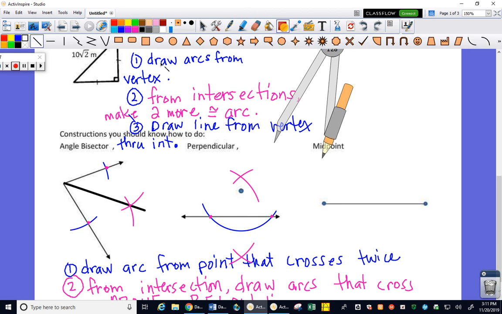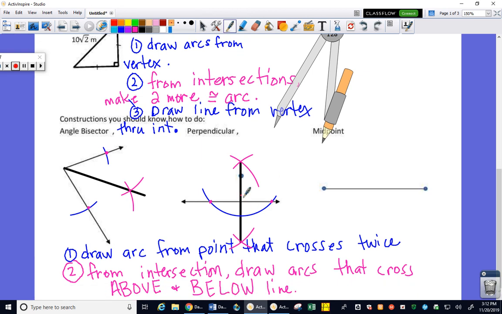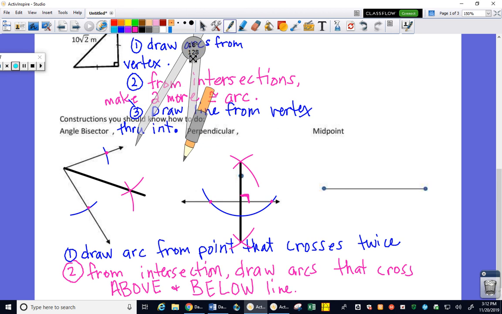And you have made a line that is guaranteed to be perpendicular to that other line. So we're making intersecting arcs. This arc crosses twice, and then from each of those points, we make arcs that need to cross also.